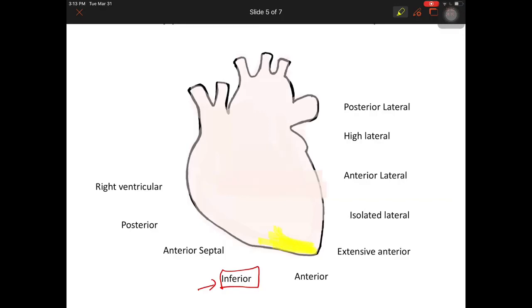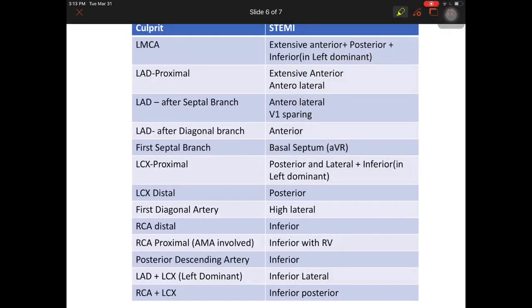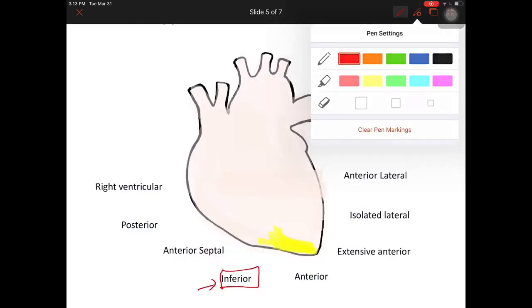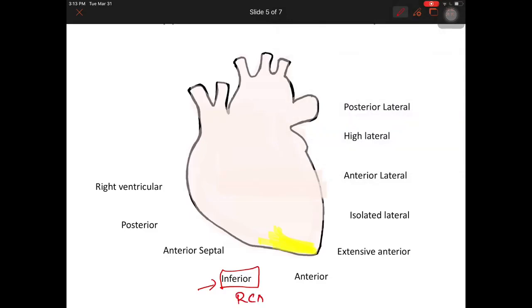It is mainly due to right coronary artery involvement. And in case of left dominant circulation, the same thing could happen due to a left circumflex artery occlusion.